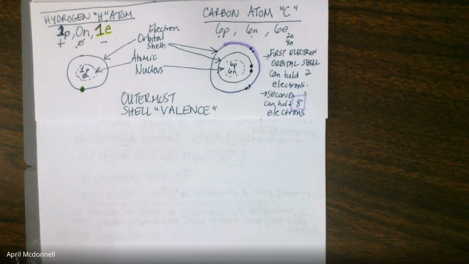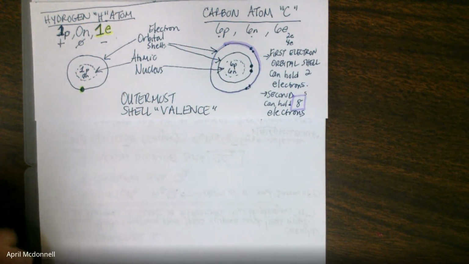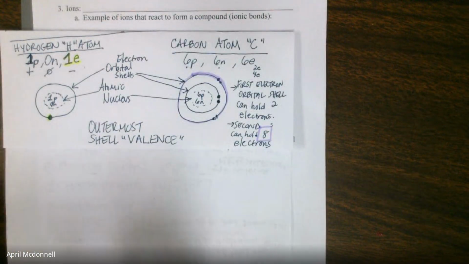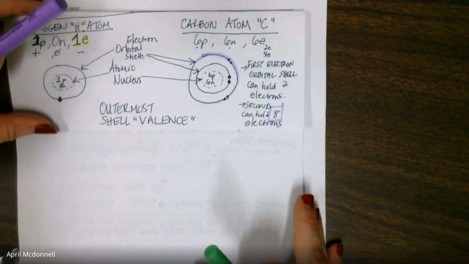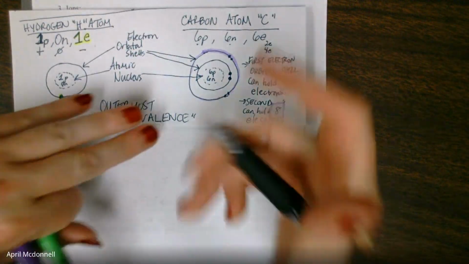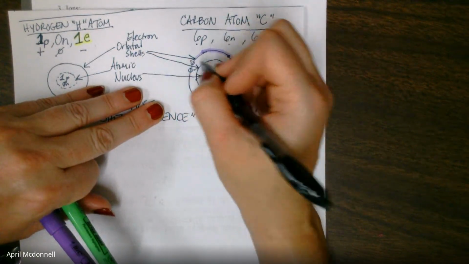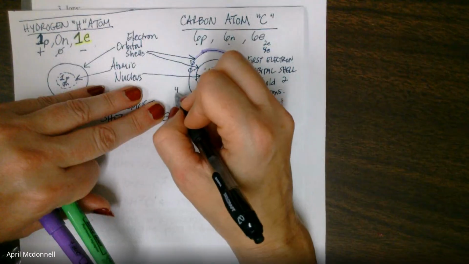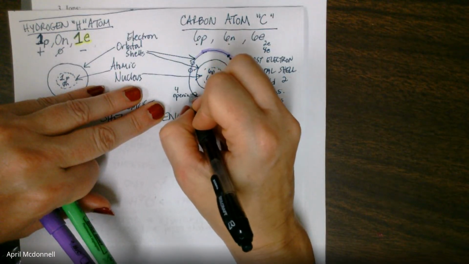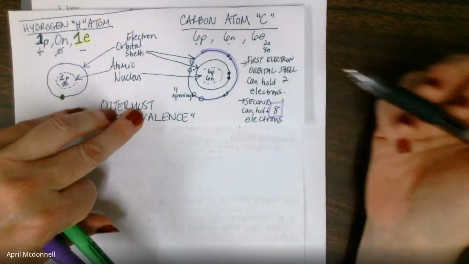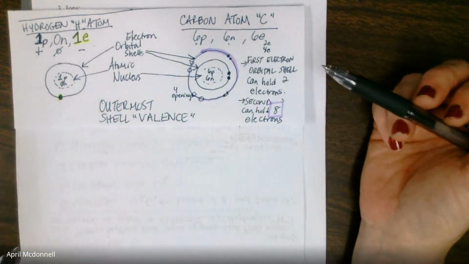So how many openings do we have in carbon's valence shell? Well, it looks like we have 1, 2, 3, 4 openings. So there are 4 openings in carbon's valence shell.